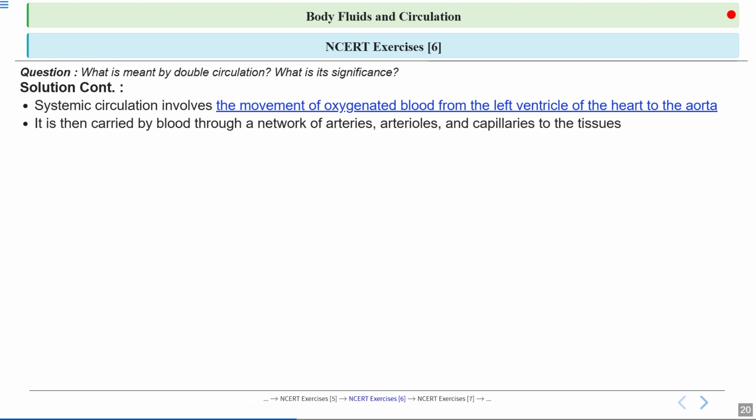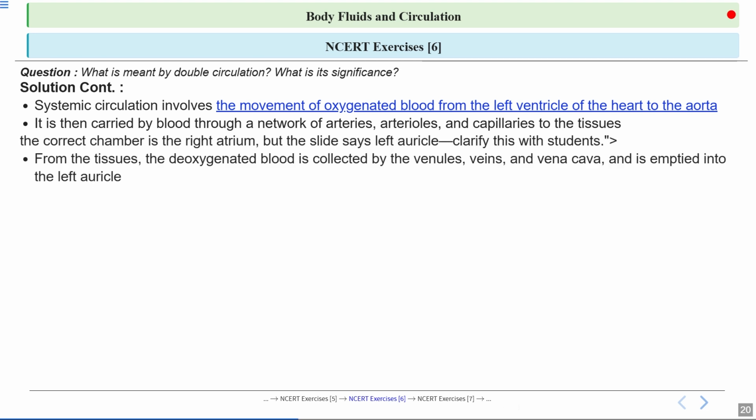These vessels act like delivery trucks, bringing oxygen and nutrients to every tissue in your body. Once the blood has delivered its oxygen, it collects waste products and becomes deoxygenated. This blood is then gathered by venules and veins, eventually reaching the vena cava, which returns it to the heart.